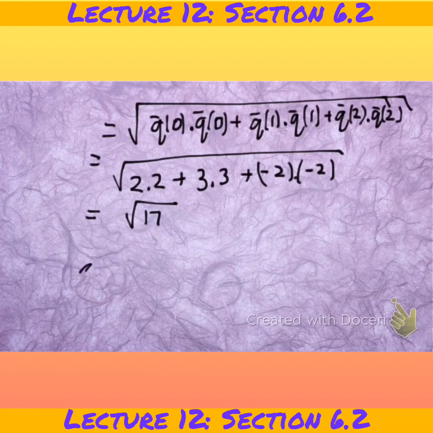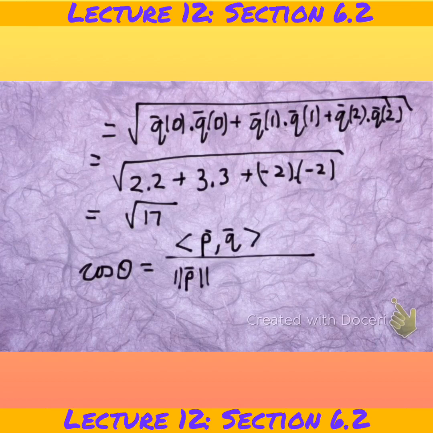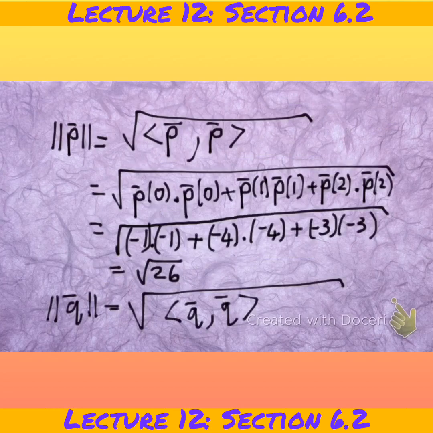Okay, so the cosine of the angle theta between these two vectors is going to be the inner product of P with Q divided by the norm of P multiplied by the norm of Q. We worked out the norm of Q as the square root of 17.